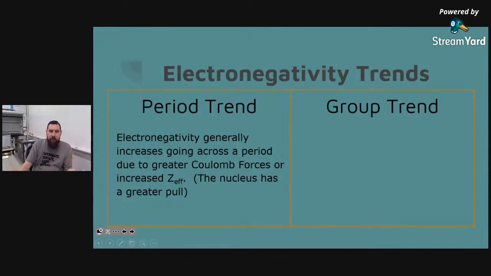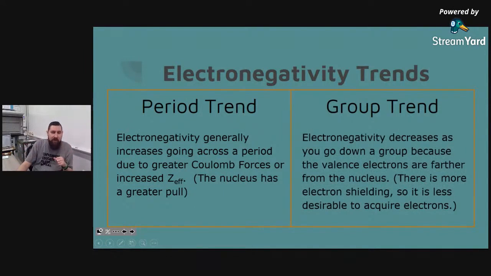As far as the group trend, you can probably already guess it. Because radius is increasing, electronegativity is going to decrease. Because again, as that radius increases, Coulombic forces decrease, my Zeff decreases, electron shielding increases, the nucleus has less of a pull on the electrons that are already there.